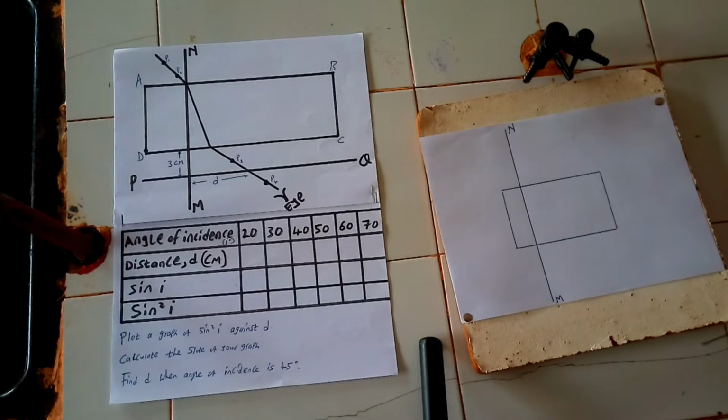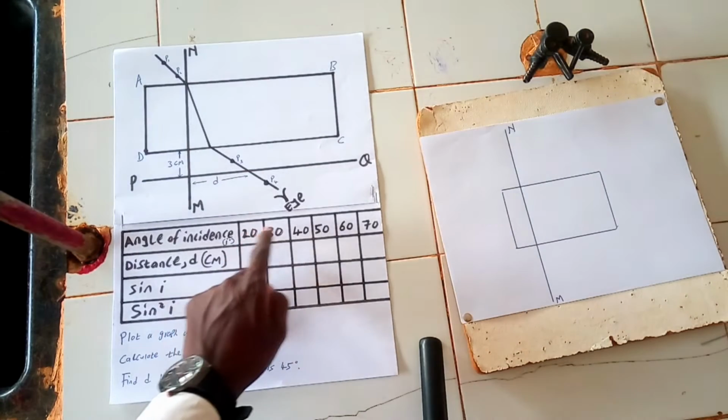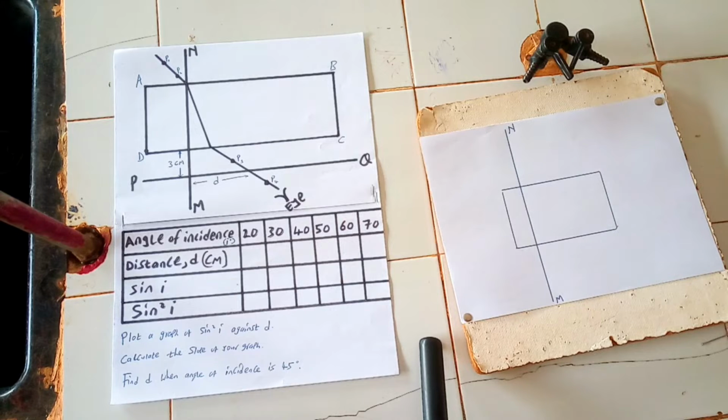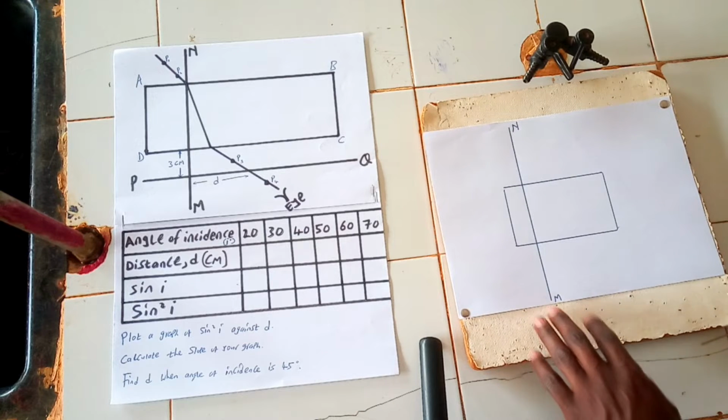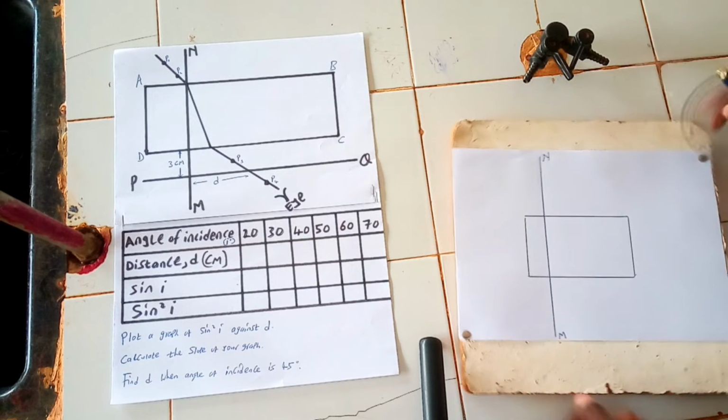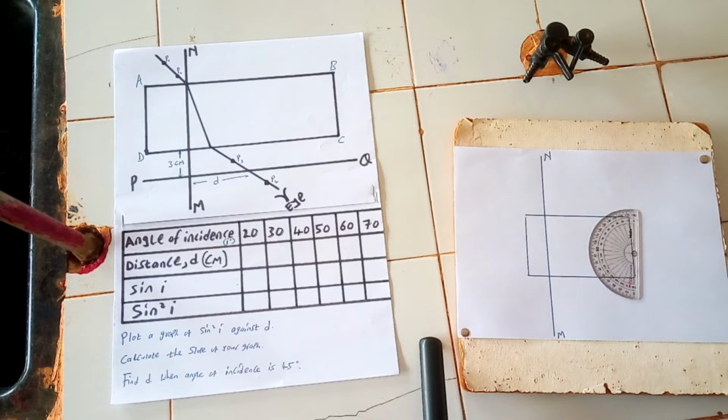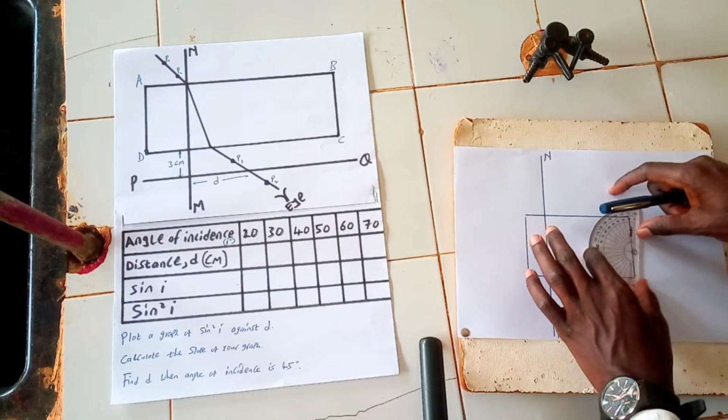So from there what we do, I want us first to measure these angles 20, 30 up to 70, so that when we replace the glass block we just be able to measure, to replace the other pins immediately. So let's replace back.